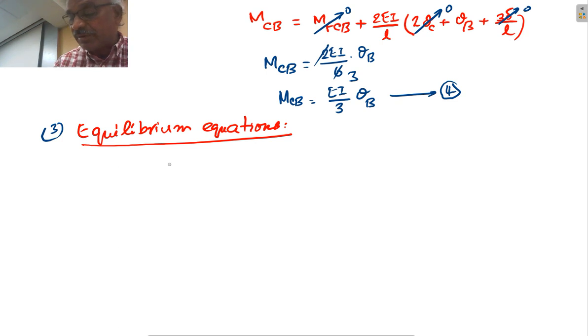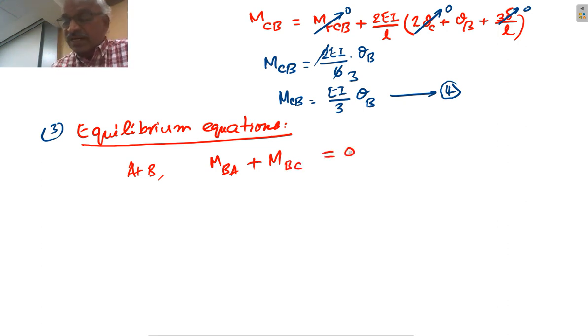So the equilibrium equation is at B, MBA plus MBC equals 0. So the moments when added, the algebraic sum must be equal to 0 for the joint B to be in equilibrium. Right.